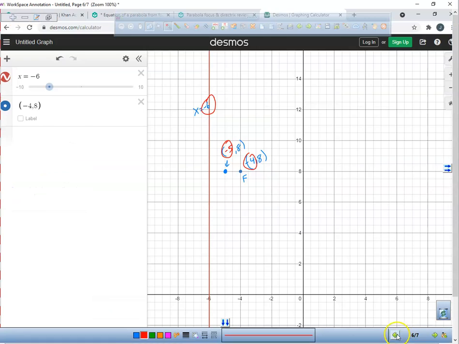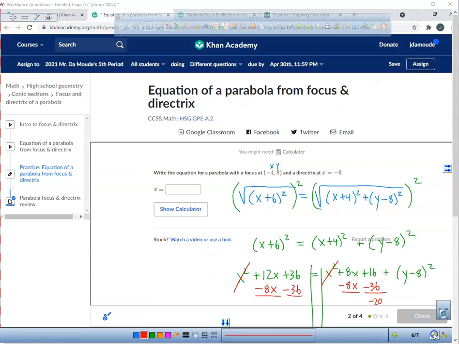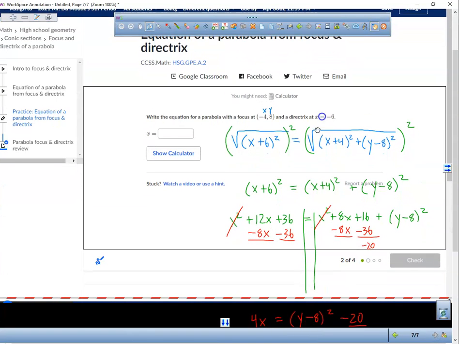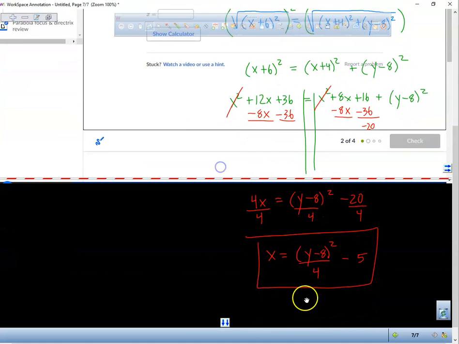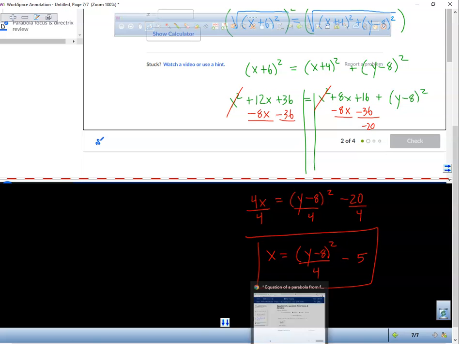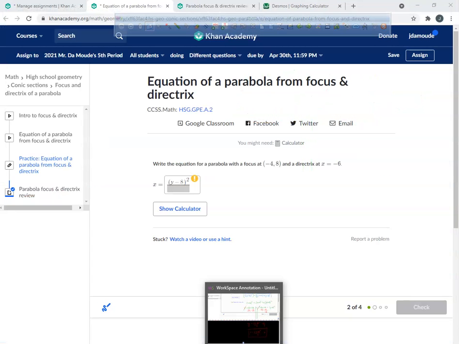All right, let me go back and see what I put. A student asked me, are you always going to flip the sign? Yeah, when you're putting in the distance formula, it's the change in, so you're always going to make it the opposite. Okay, over 4 minus 5.